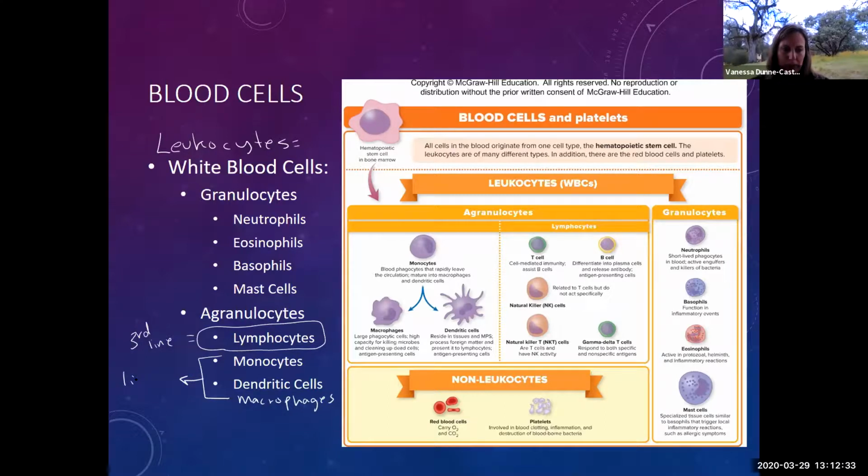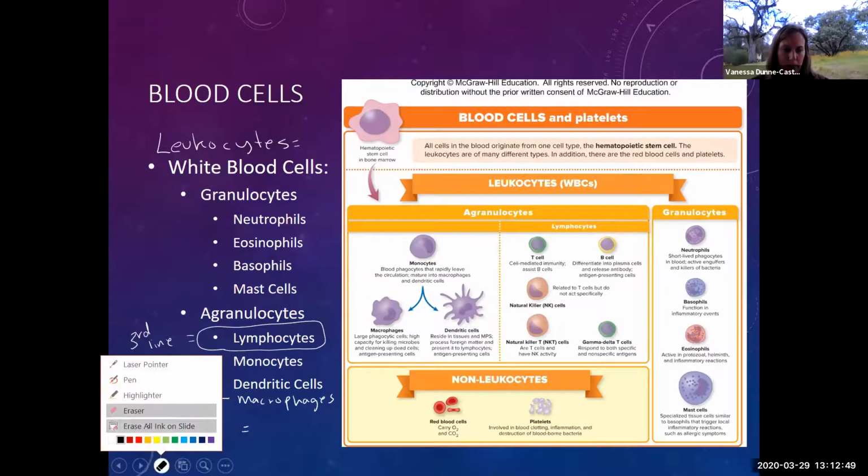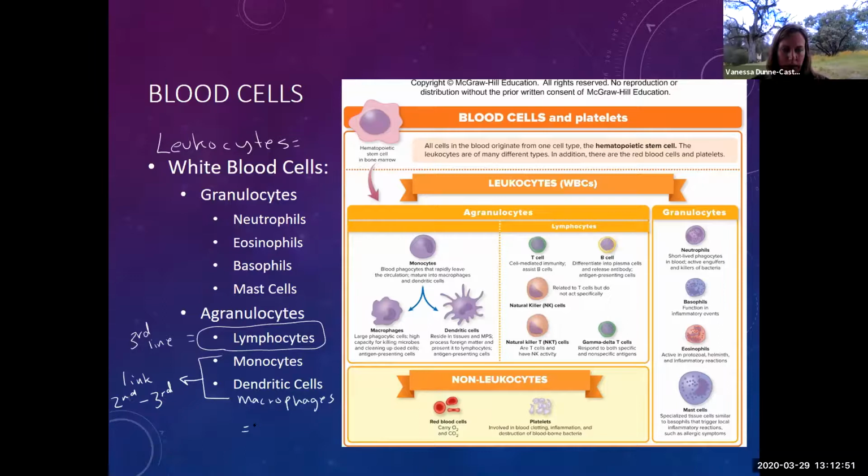So they link the second and the third. In fact, we call them antigen presenting cells. We'll use that term a lot when we get into our next chapter, and also even when we're talking about the innate immune inflammatory response. But I'll just mention them here.